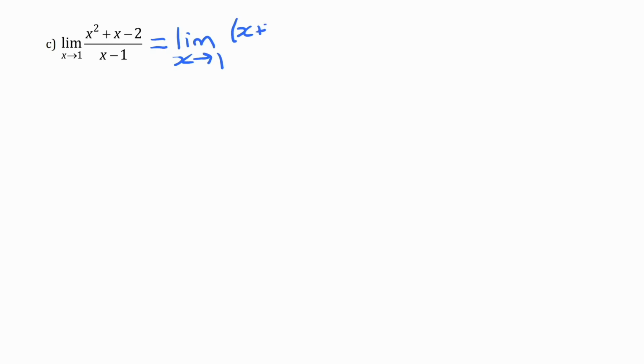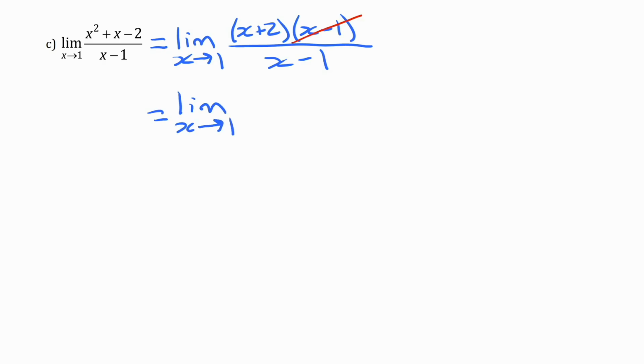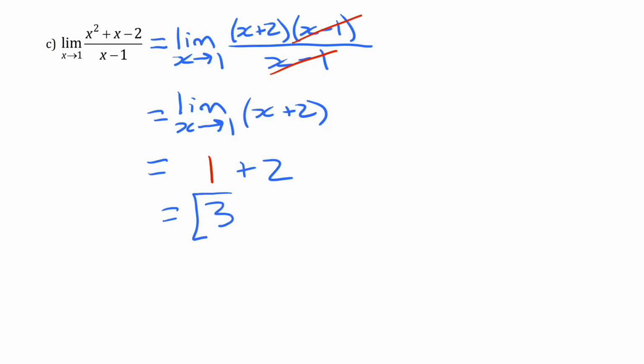We can factor the top, that trinomial factors to x plus 2 and x minus 1. And on the bottom we have x minus 1. So then that limit can be rewritten if we cancel that common factor as just the limit of x plus 2 as x approaches 1. And that we can substitute it in. So then that's just going to be equal to 1 plus 2, which is of course 3.